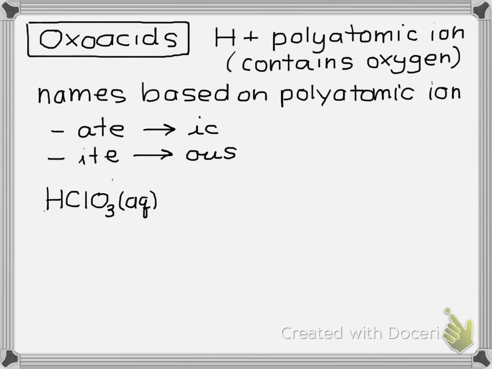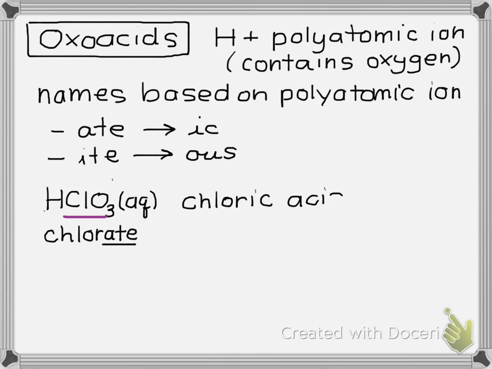It's going to be based on the name of the polyatomic ion, which is chlorate. This one ends in ate, so instead of chlorate, ate changes into ic. So this is chloric, and then we follow with the word acid.